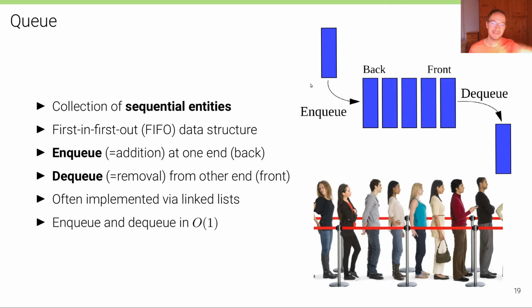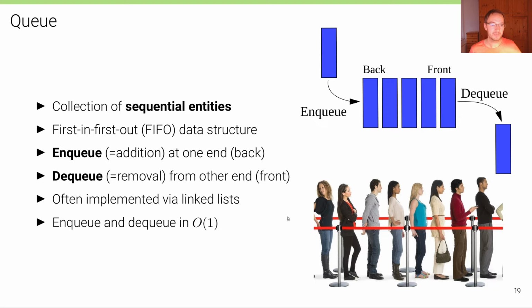NQ means we're adding something to the queue, and DQ means we're removing something from the queue. And the special thing here is that we NQ at one side, at the back of the queue, and we DQ from the other side, from the front of the queue. So there are new elements coming from the back, and we're removing the oldest elements in the queue in the front.